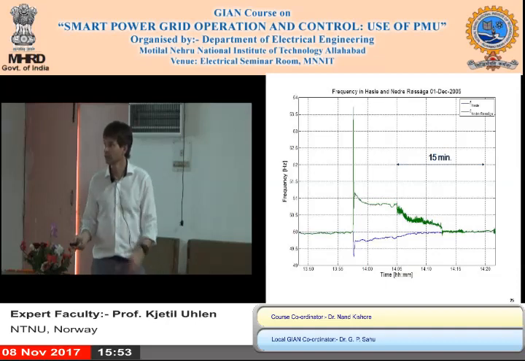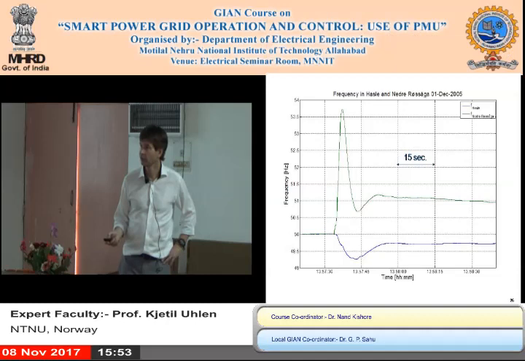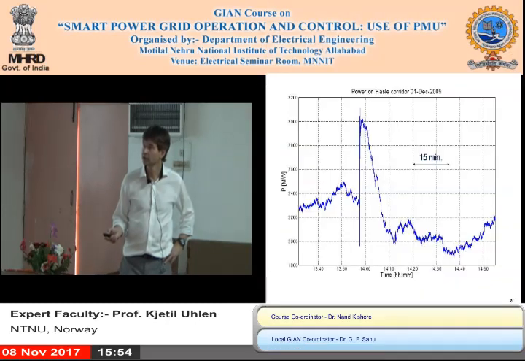And this is the information the operator never saw. If you look at the power flow on the corridor, which initially was very high, actually more or less above what they had allowed, it suddenly surged to more than 3,000 megawatt.